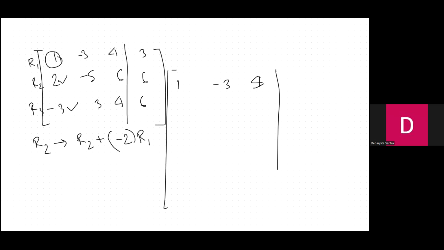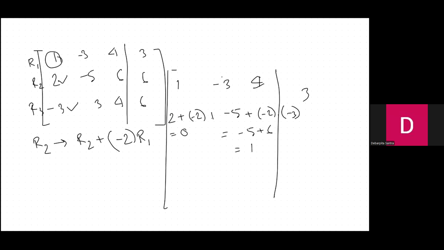Then 2 plus minus 2 into R1, that means 1, so it is 0. Then it is minus 5 plus minus 2 into minus 3. So minus 2 into row 1, that means minus 3. So minus 5 plus 6, it is 1.